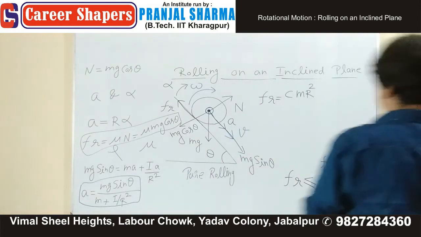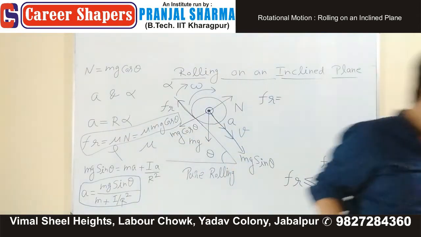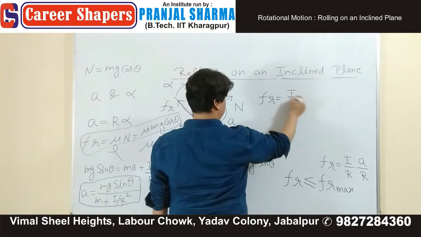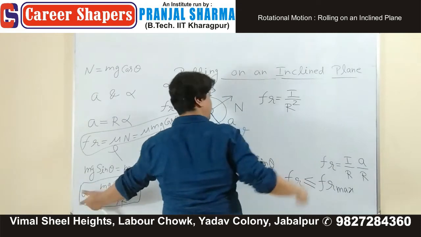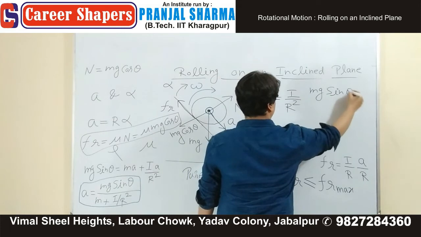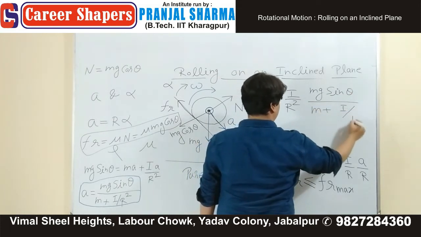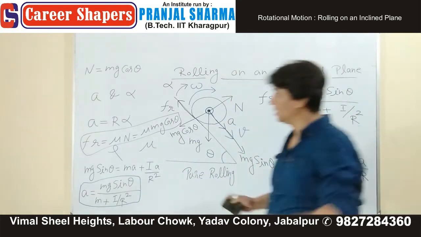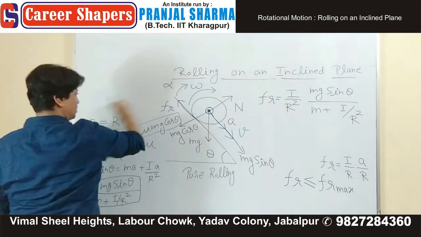Let's write down I first and then we'll put the value of I in terms of C. I divided by R square multiplied by A, which is mg sin theta, whole divided by m plus I upon r square. Now before I continue with Fr, let me teach you a small trick which we did in the lectures.